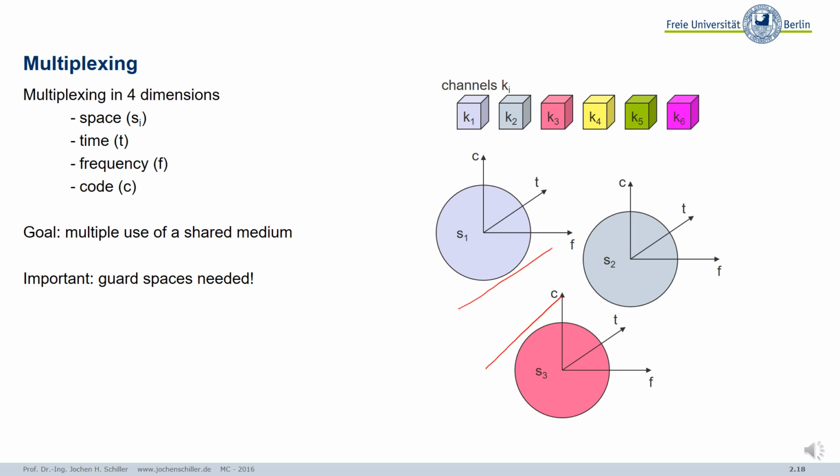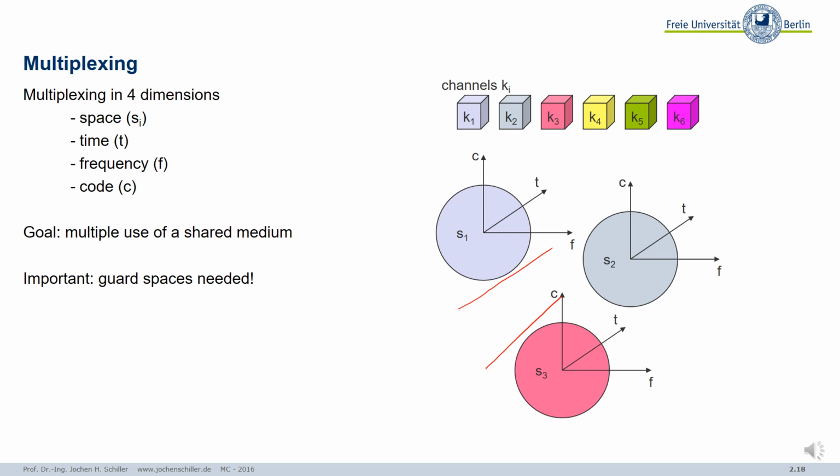Or there is beamforming, which was just explained to you. So that's also space division multiplexing. Space division multiplexing helps to distribute different channels or different senders in space. That's nice, and with beamforming we can even use it very close by.